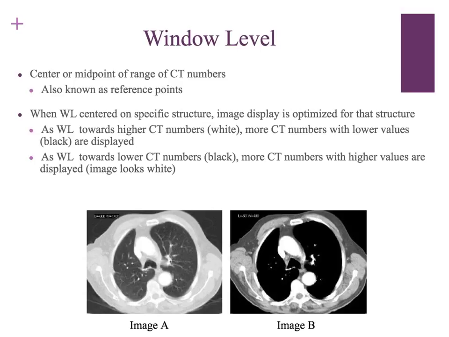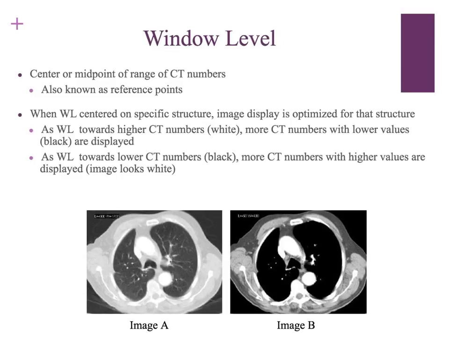As the window level moves towards the higher CT numbers, so the white numbers, then more CT numbers with lower values are displayed. So these lower values are generally black. As the window level moves toward the lower numbers, more CT numbers with higher values are displayed and the image looks white.